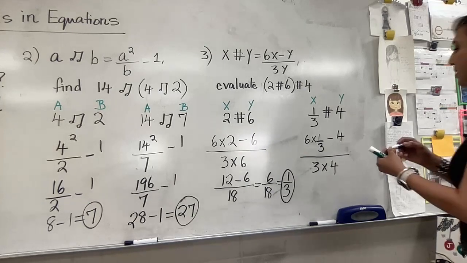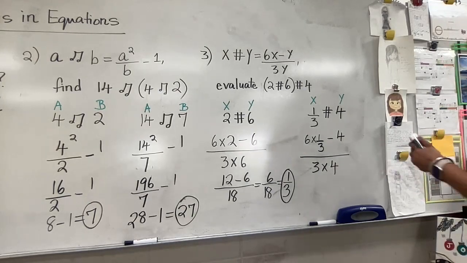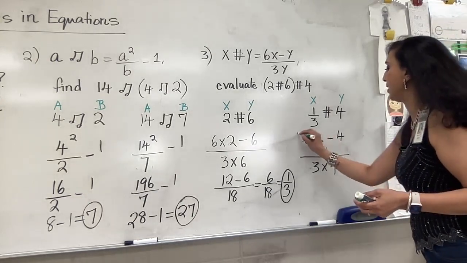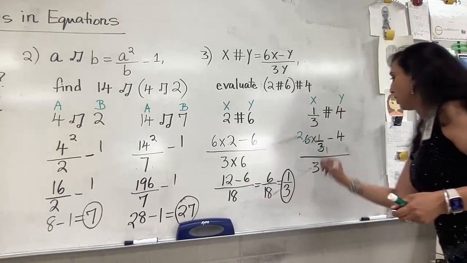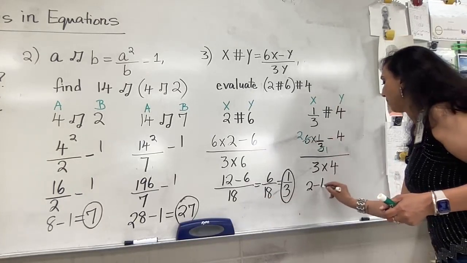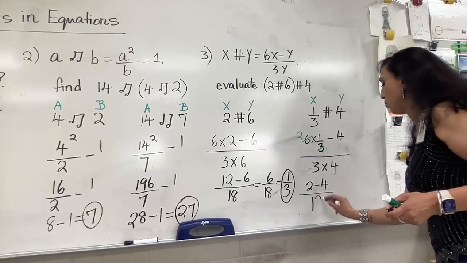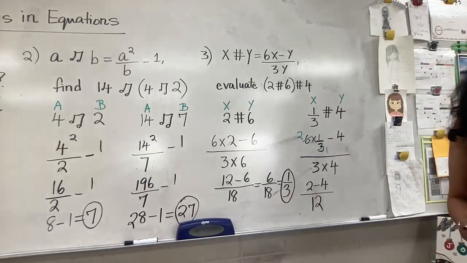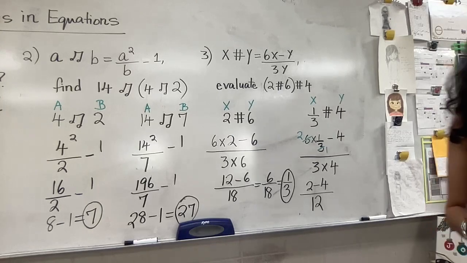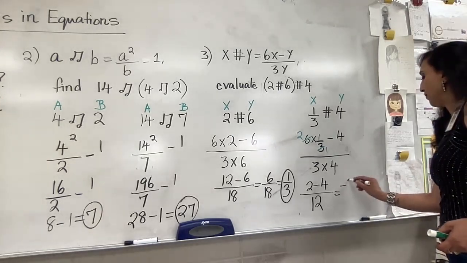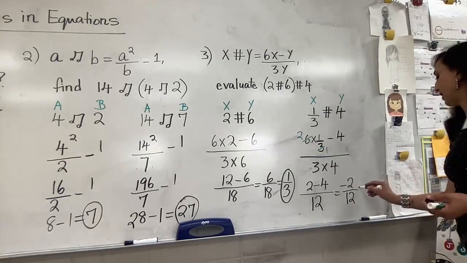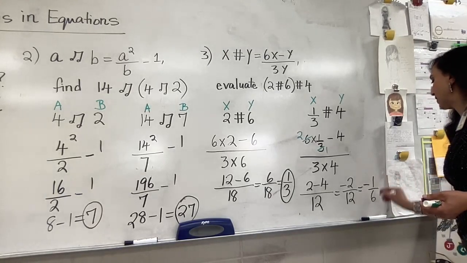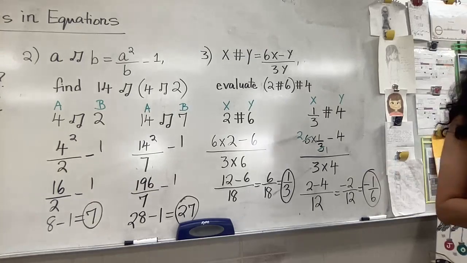Then I can simplify: 6 times 1/3 is 2. So I get 2 minus 4 over 3 times 4, which is 12. 2 minus 4 gives me negative 2 over 12, and when I simplify this, I get negative 1/6 as my answer to this problem.